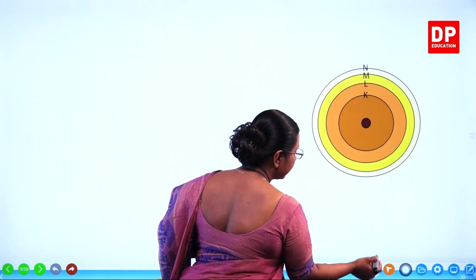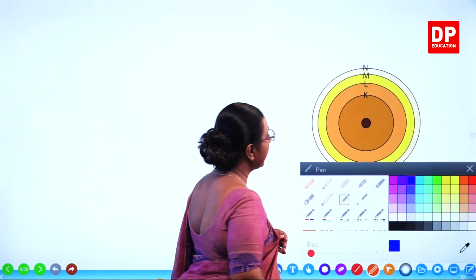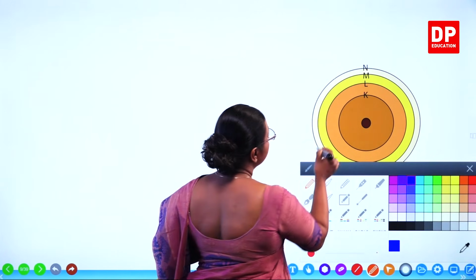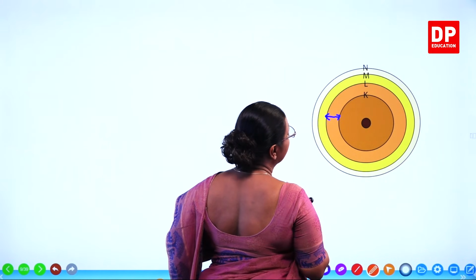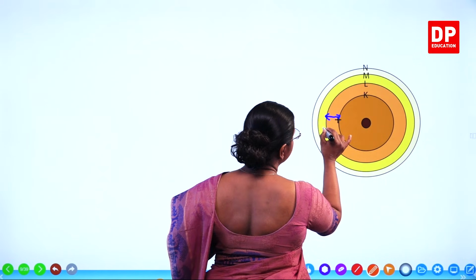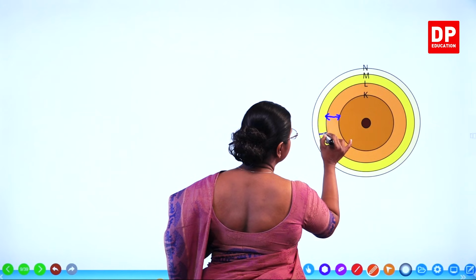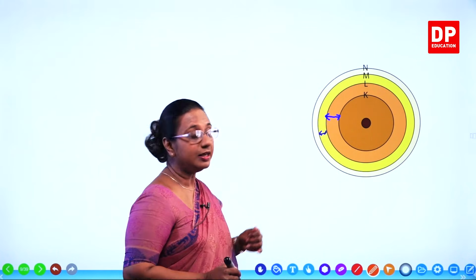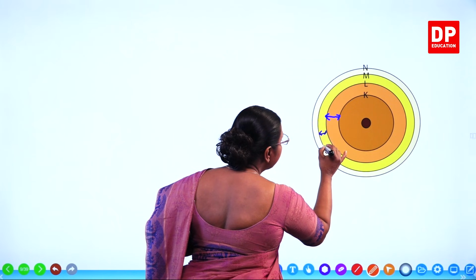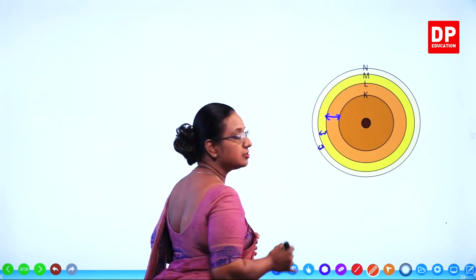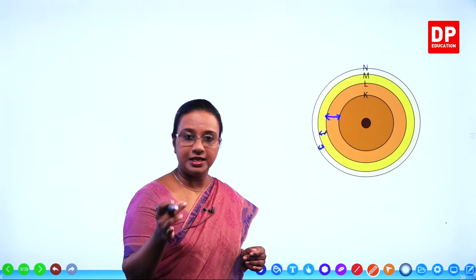If you look at these energy levels carefully, as we discussed before, you can see the distance between energy levels K and L is more than the distance between the L and M shell, and the M and N shell has a very small distance between it.